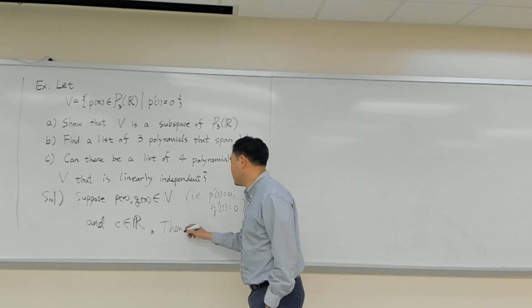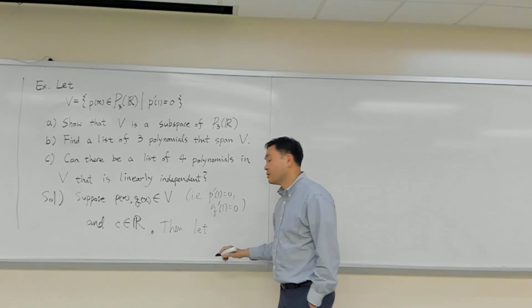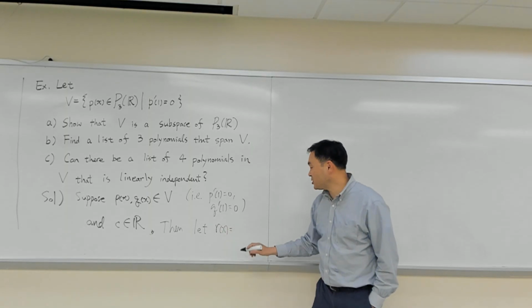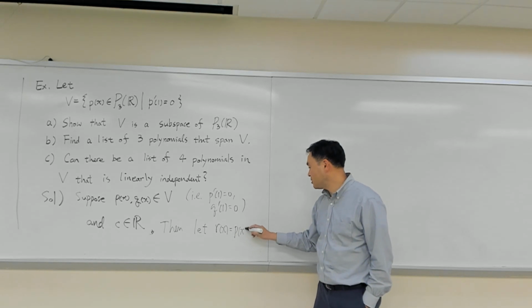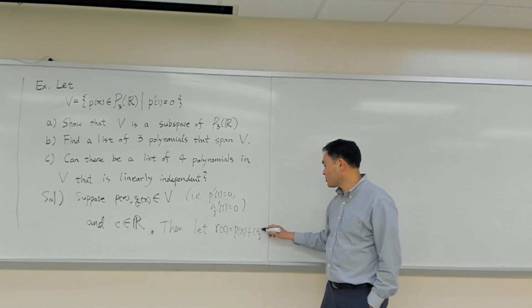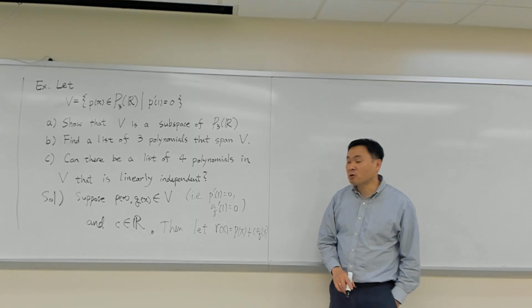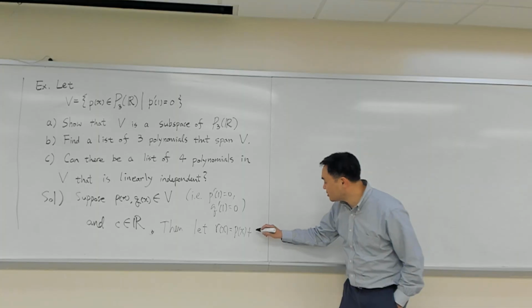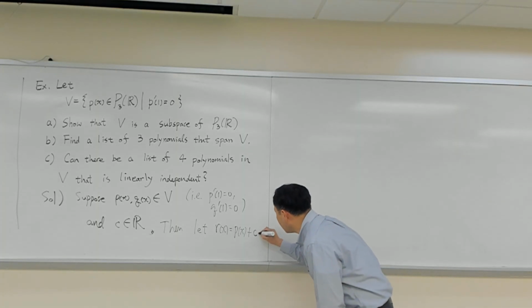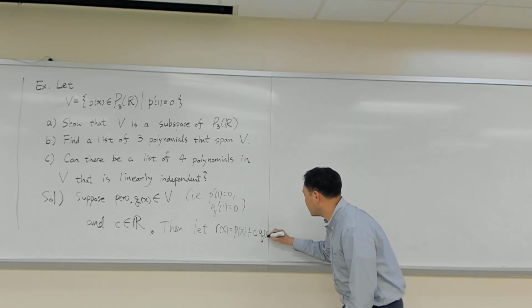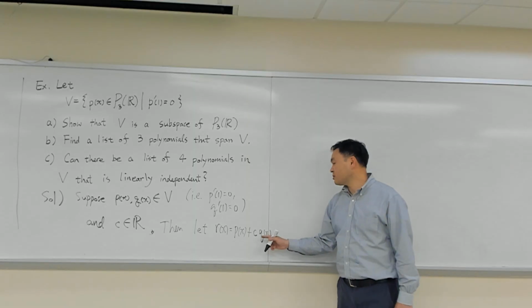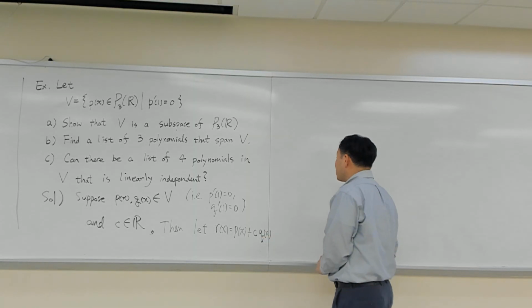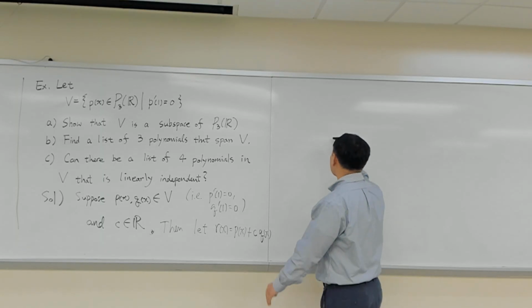Then let Rx be the thing that you want to show, Px plus C times Qx. What's our goal? I want to show that Px plus C times Qx is in this V.